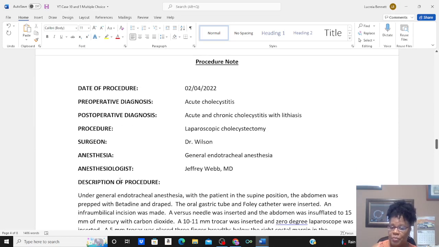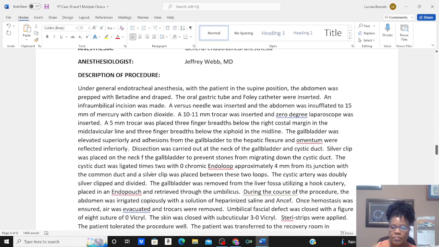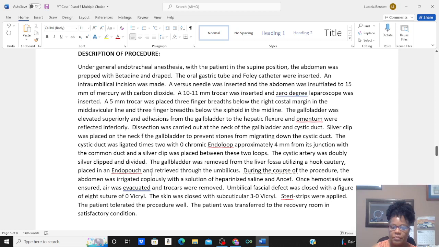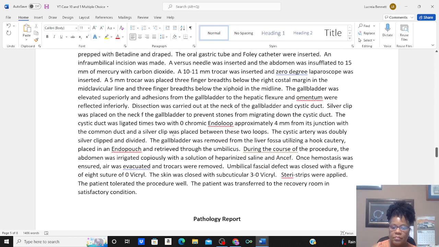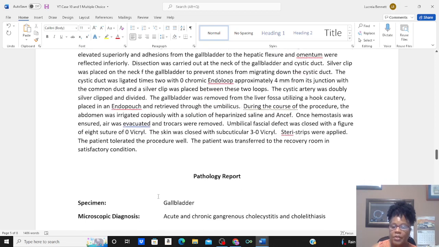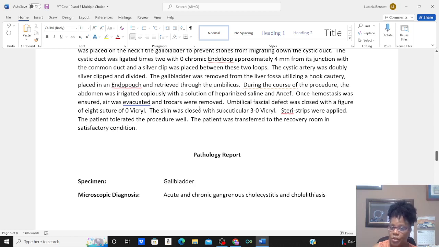Here's your procedure note, because remember, she did have a laparoscopic cholecystectomy. She did have a path report because the gallbladder was removed.